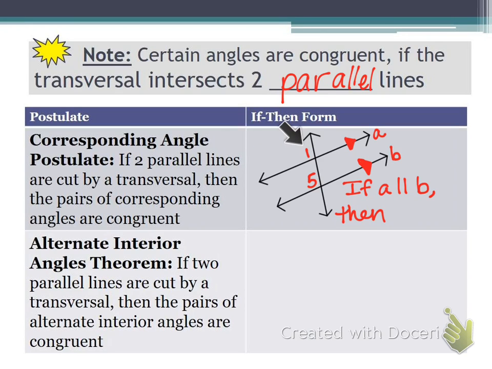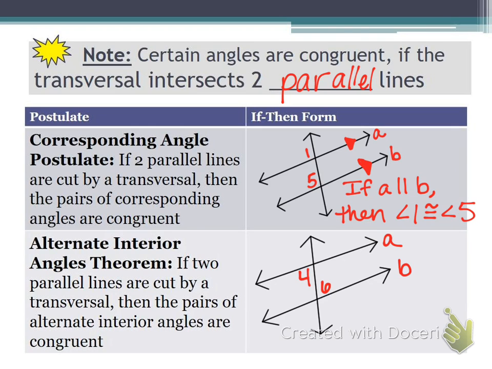So angle 1 is going to be congruent to angle 5. If the lines are parallel that are being cut by the transversal, then the corresponding angles are going to be congruent.